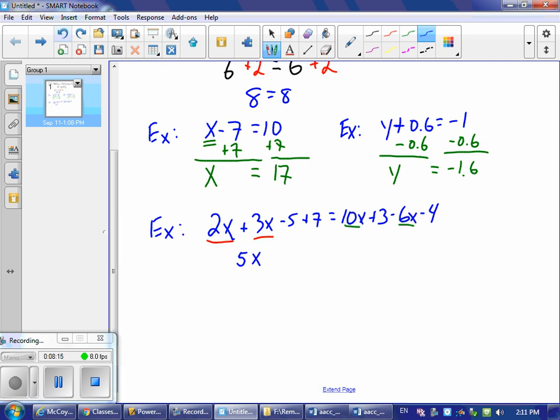Now be careful. This constant right here is -5 plus 7. So remember that that is -5 plus 7. And that would be 5 to the left, go back 7 to the right, we should be at +2. On the right-hand side, again, be careful. That is a 10x minus 6x.